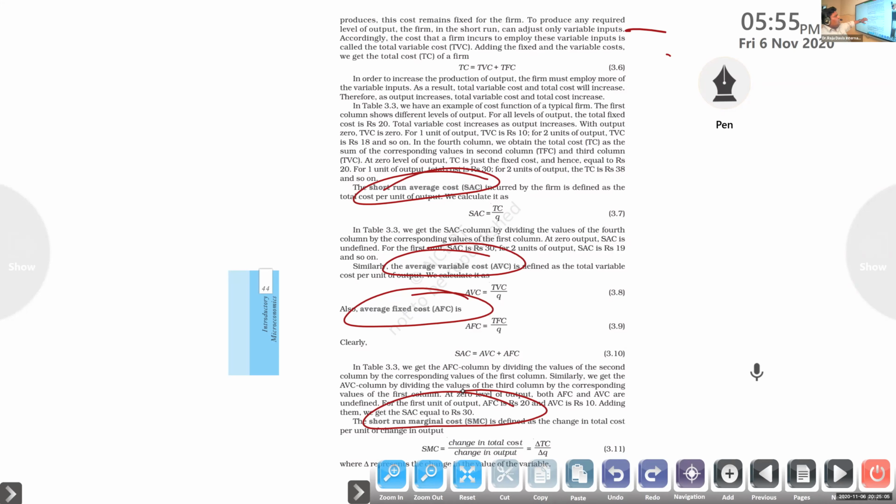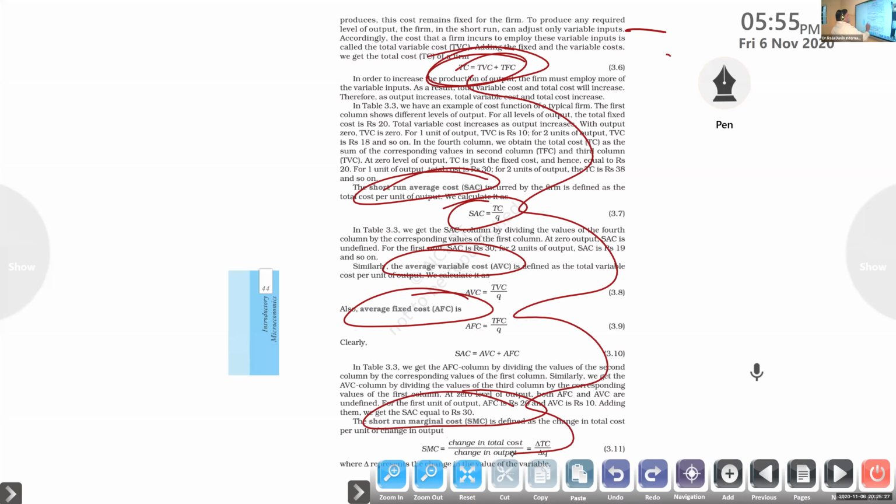If you get the idea of the calculation of one variable, we are able to find all of this. We know that TC is equal to TVC plus TFC. Total cost is equal to total variable cost plus total fixed cost. If you know this formula, there is no problem finding all other things.